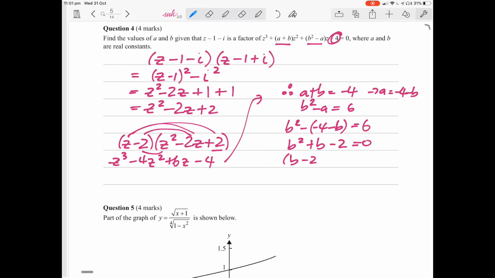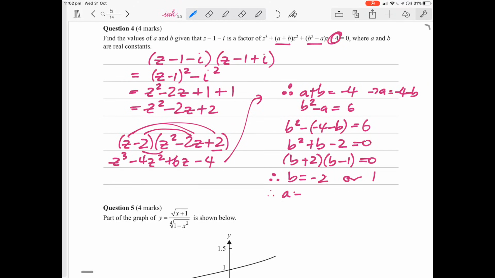So b minus 2, b plus 2, b minus 1. So therefore b is negative 2 or 1.